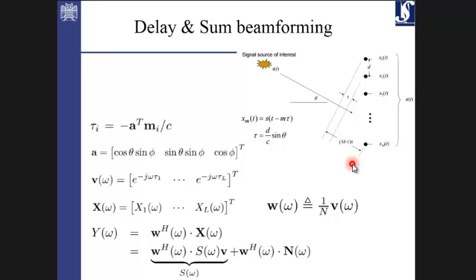Source is propagated to every single microphone, and there is a difference. For example, assuming that this is the closest one and this is the array direction, the source arrives at microphone M1 sooner than any other microphone, but there is a slight difference here, then a bigger difference here, a bigger difference here, and the maximum difference here.